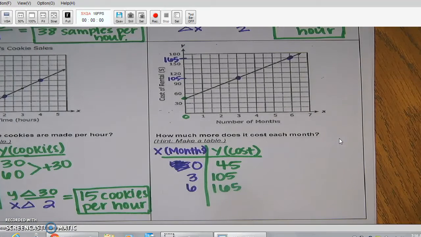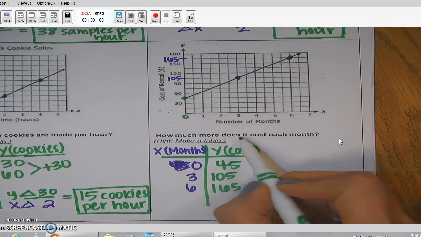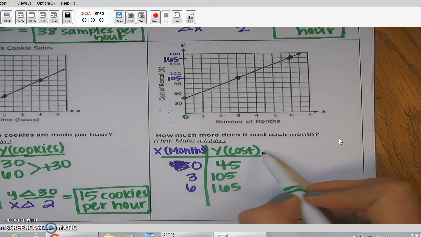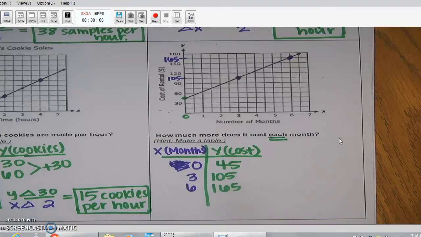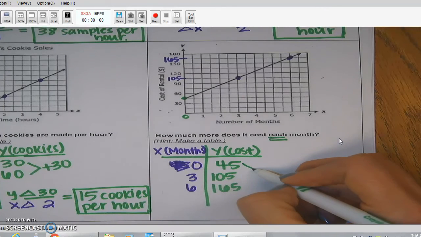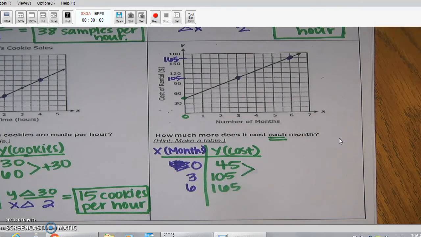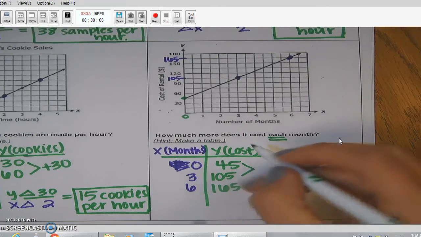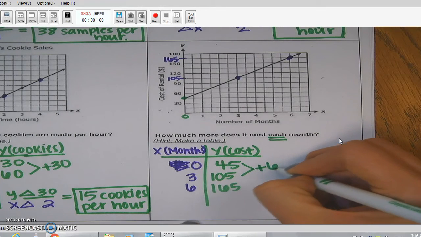Okay, so again, we're looking for the rate of change, which means we want to know how much money we're adding to the cost each month. So for 1 month, how much money do we add to the cost? So I'm going to look for a pattern. And notice in my Y values, from 45 to 105, my cost goes up by $60.